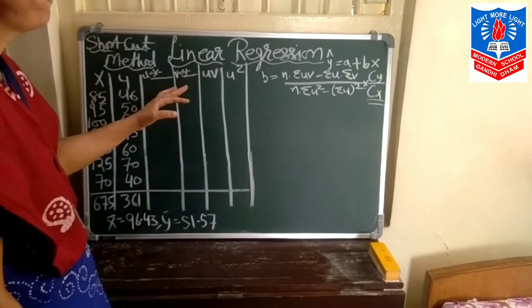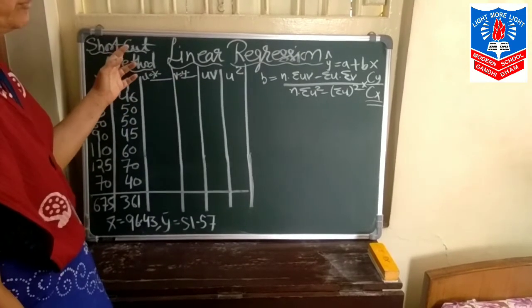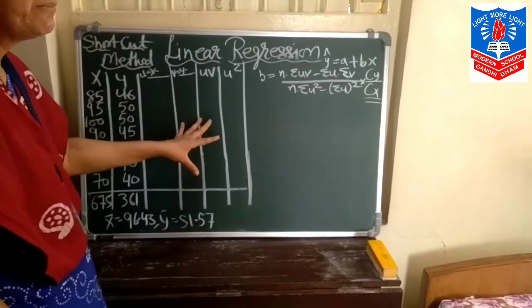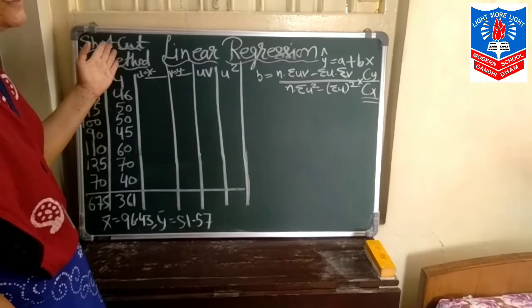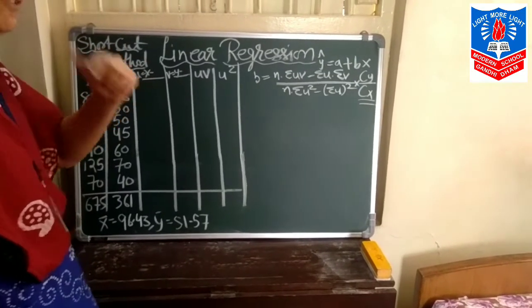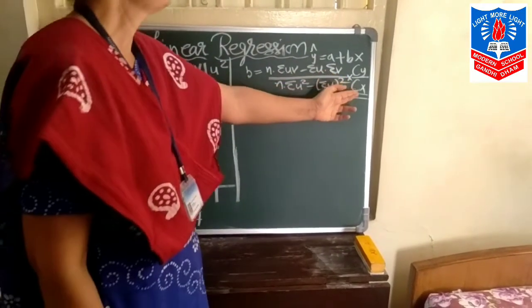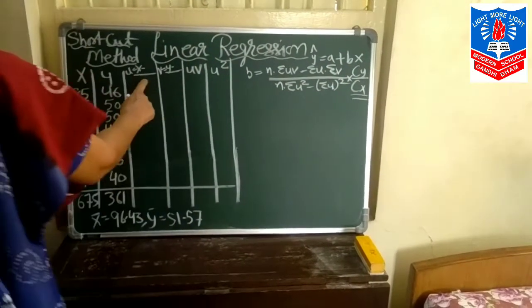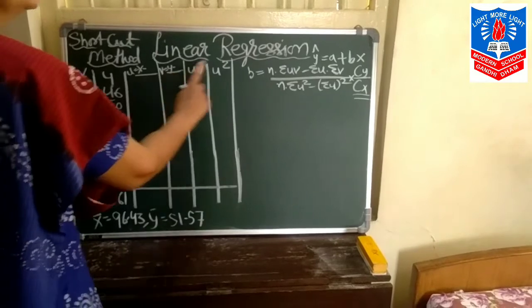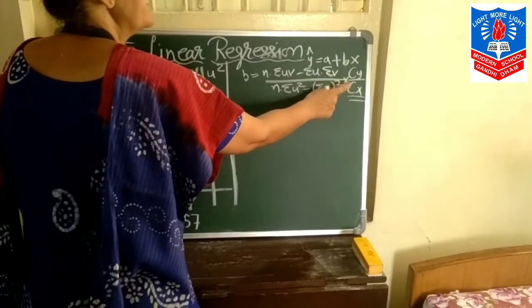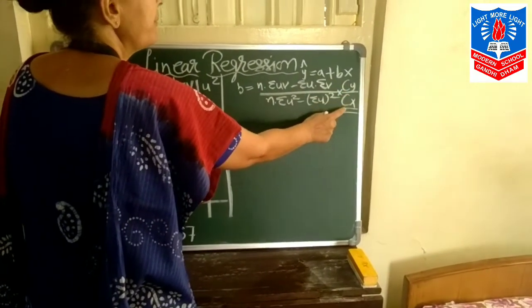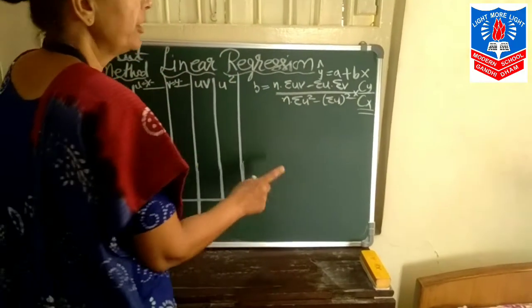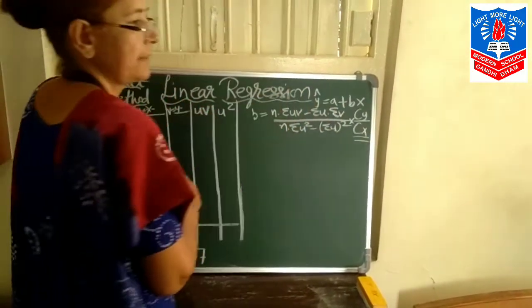But if we want the minimum values, and as I say, that is the shortcut method, then one addition in the formula is cy upon cx. If we divide with any number, then this addition will be there, that is cy upon cx. Don't forget to write this.